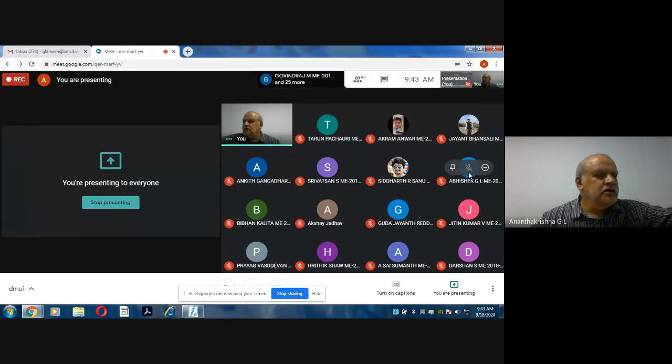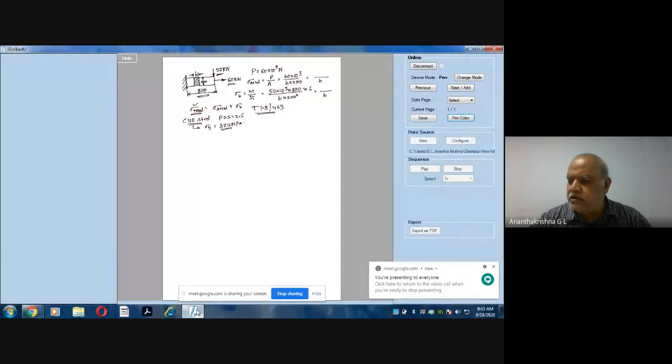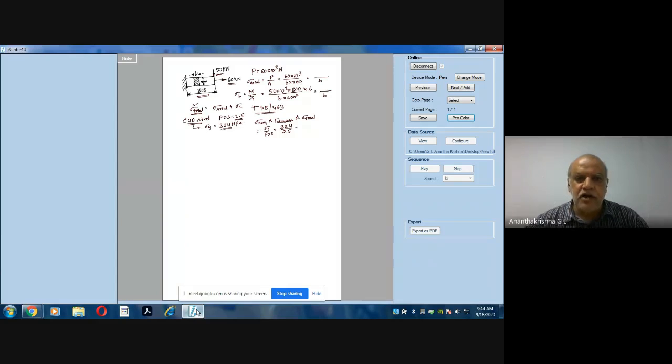So for C40 steel with yield stress of 324 megapascal and factor of safety 2.5, my sigma design, or sigma allowable, or sigma total will be equal to sigma y by factor of safety, that is 324 divided by 2.5. Someone give me the value of 324 by 2.5.